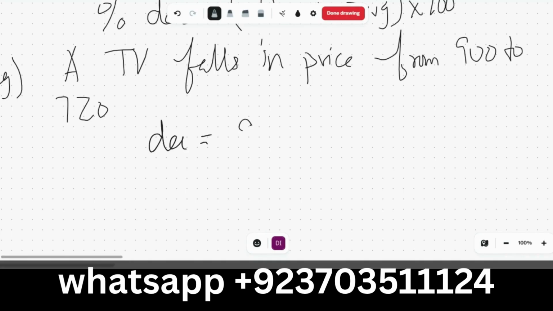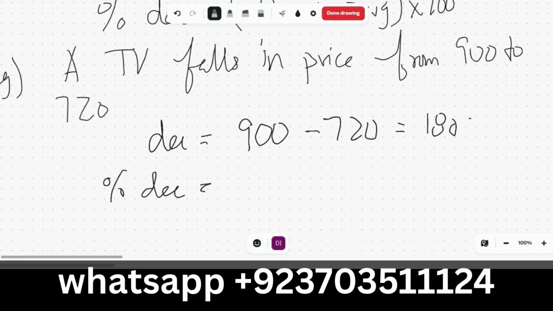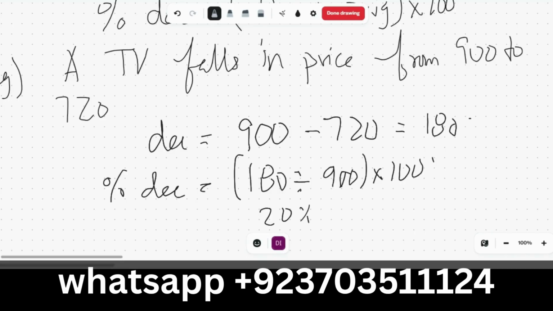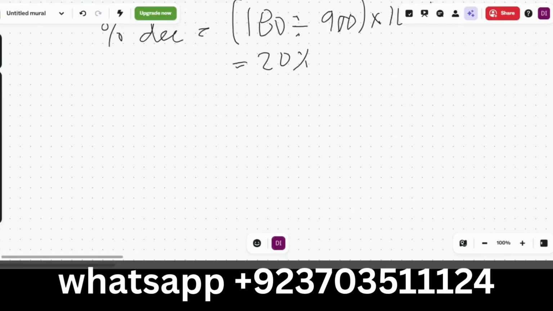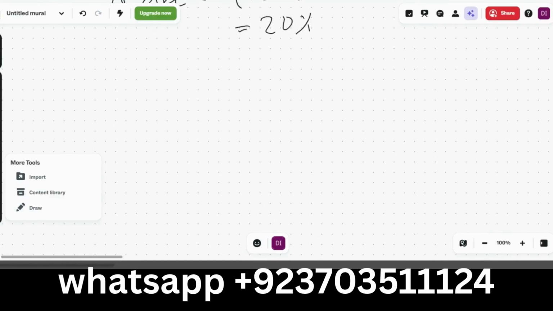Decrease is simply original price minus discounted price, that would be 180. Now we will find percentage decrease. Percentage decrease is equal to the price decrease divided by original price, that is 180 divided by 900 into 100. So that will give you about 20%. If you want to go deep, you can take online classes as well.